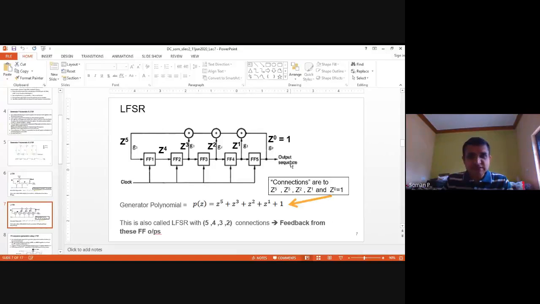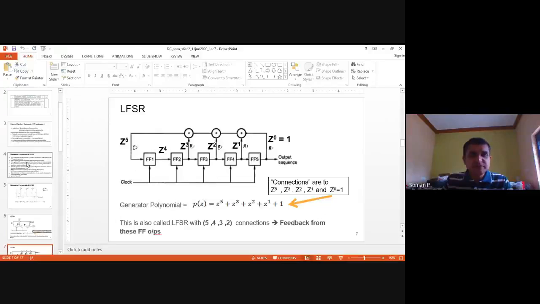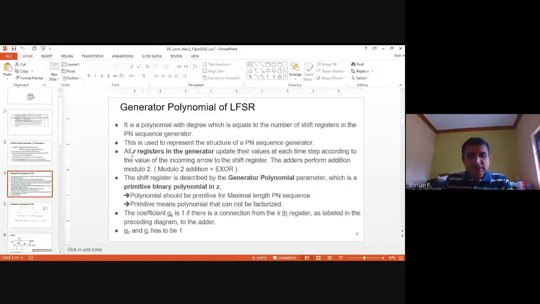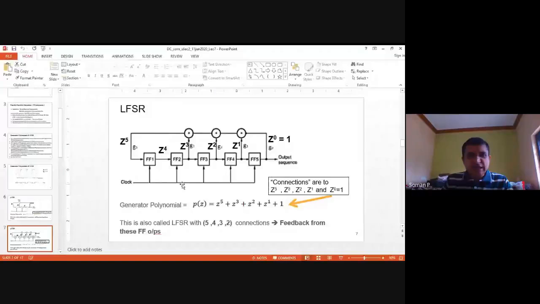There are certain conditions and there are certain properties. We will be looking into that. So this circuit is characterized by something called a generator polynomial. The maths behind that is a little bit elaborate and complicated, and that is beyond the scope of this lecture.